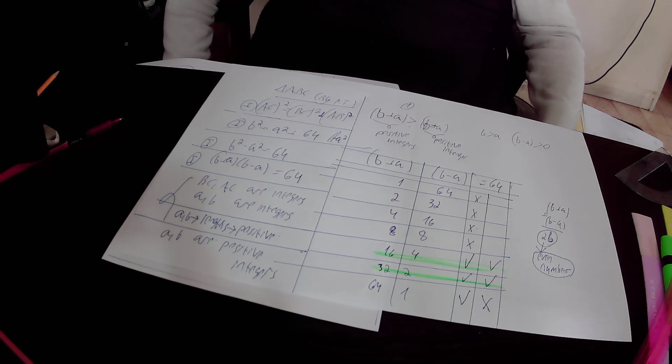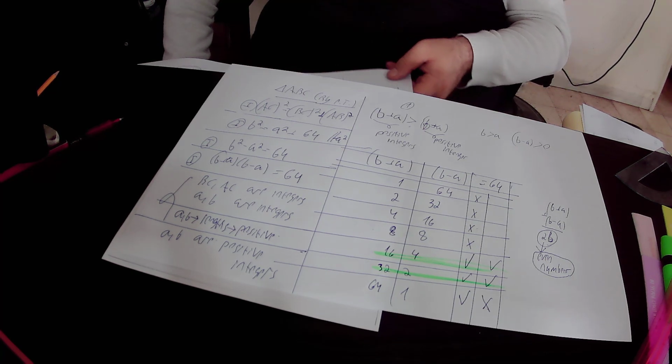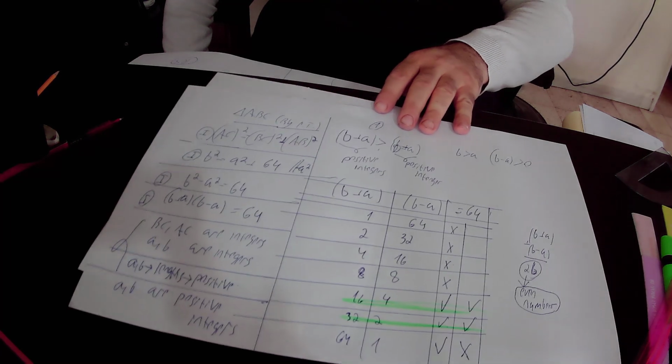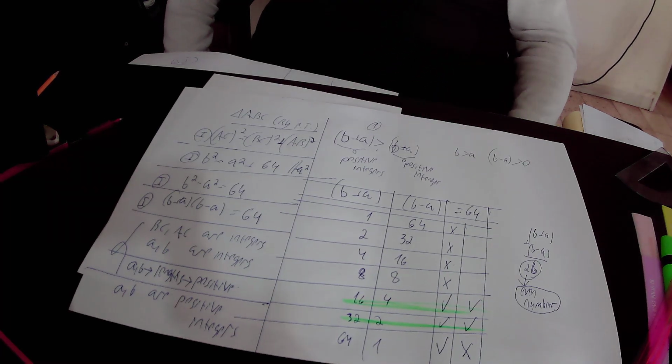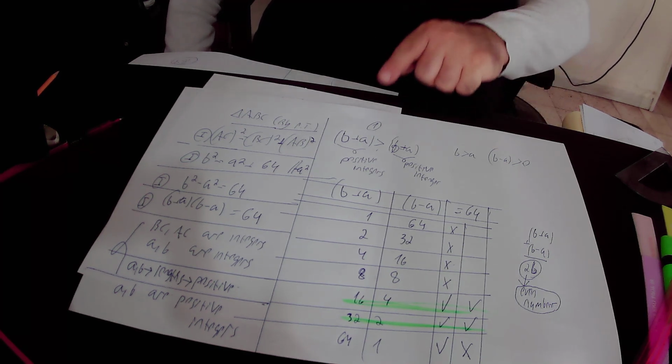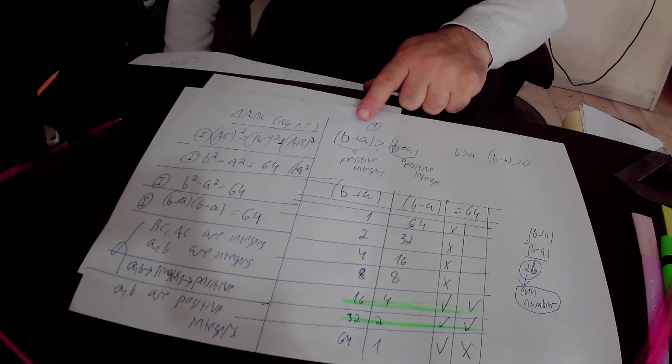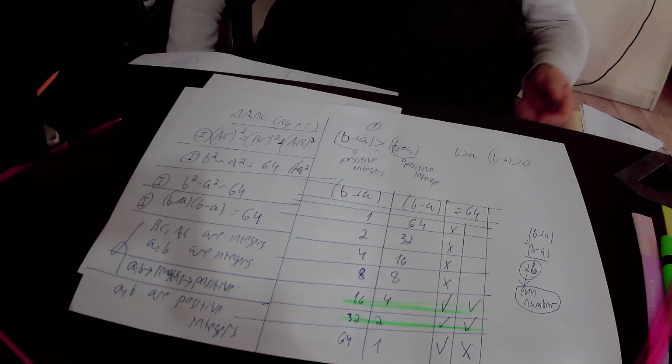Because a and b are positive integers, it means that b plus a must be greater than b minus a, because when you add two positive integers to each other, the result must be greater than when you subtract them from each other. So b plus a must be greater than b minus a. b is a positive integer, a is a positive integer, therefore b plus a must also be a positive integer.